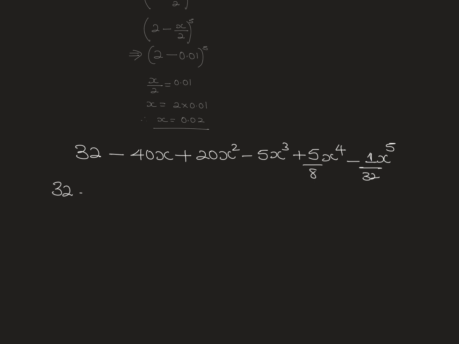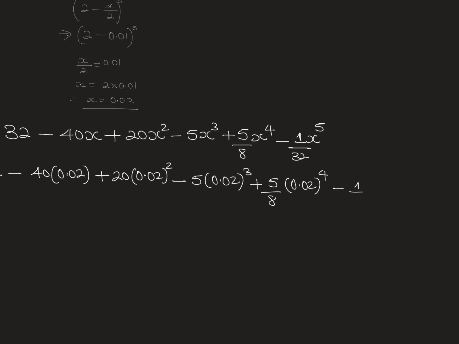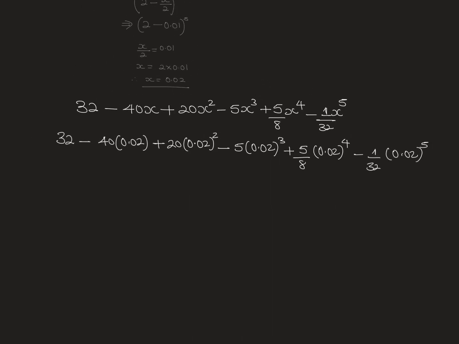So that is 32 minus 40 into 0.02 plus 20 into 0.02 squared minus 5 into 0.02 to the power 3 plus 5 over 8 into 0.02 to the power 4 minus 1 over 32 into 0.02 to the power 5. Then we go in for the simplification further.